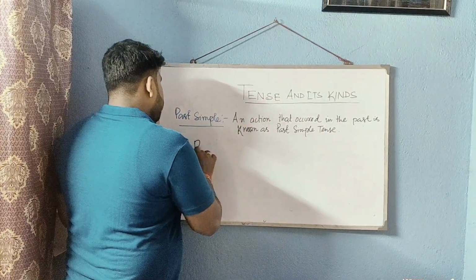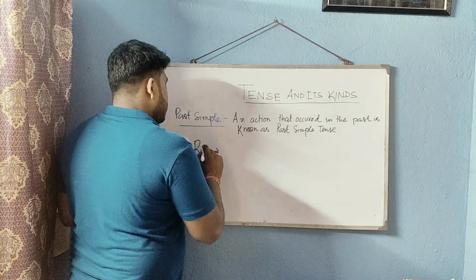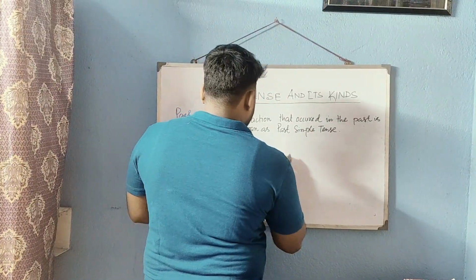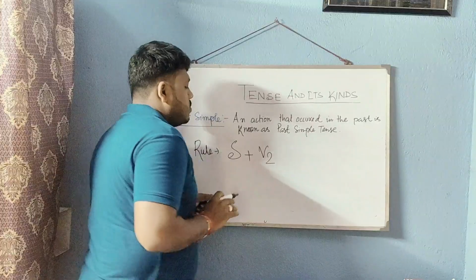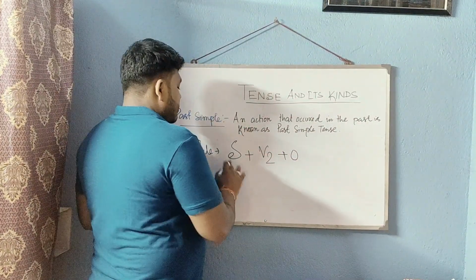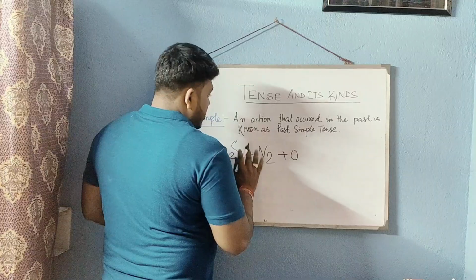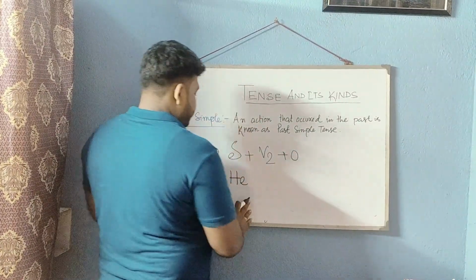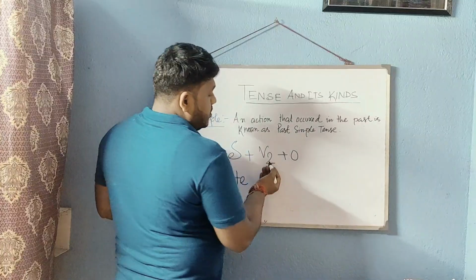The rule of past simple tense is subject, second form of the verb, and object. Subject: he. We are taking the verb study. So the past form of the verb is studied.